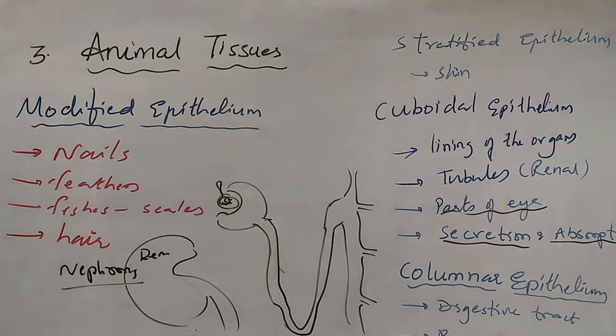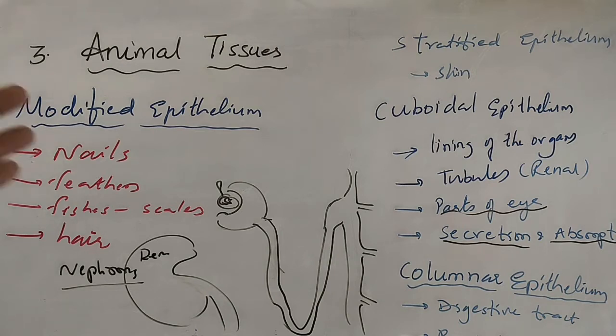So basically the nephron can be seen in such a way, and the function of the nephron is to take the blood and filter all the impurities and the toxins and unwanted waste material outside of the body. That is how the cuboidal epithelium will help.